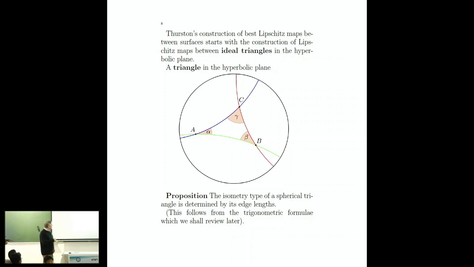Now I'm talking about, this is a second mistake here. This is hyperbolic. So I meant the proposition for the hyperbolic. It's also true in spherical, but I'm talking about hyperbolic. It's determined by the three edge lengths.